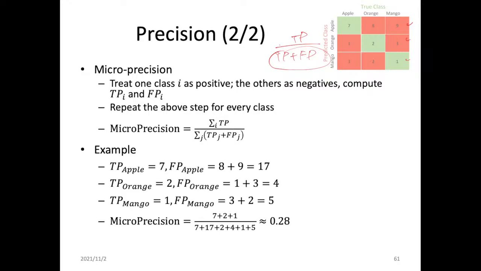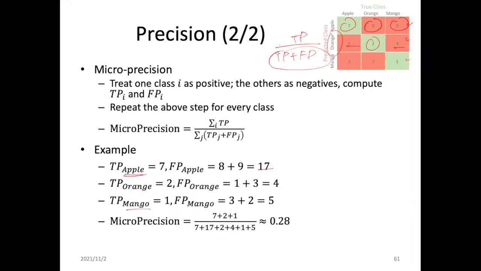If I treat apple as positive, then the true positive is 7. False positive is this 8 plus 9. They are predicted as apple, but they are not. So false positive is 17. If I treat orange as positive, then this is the number of true positives, and 1 plus 3 is the number of false positives.